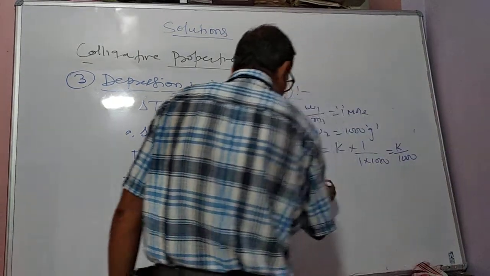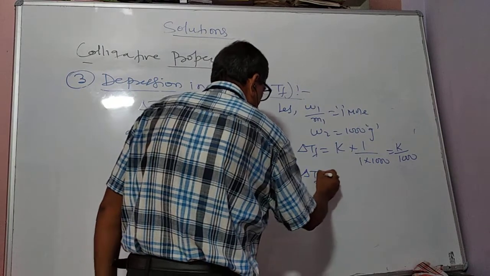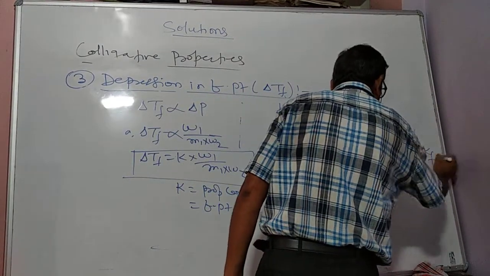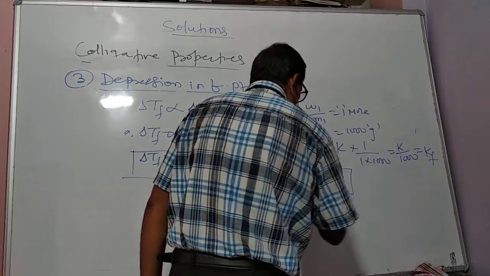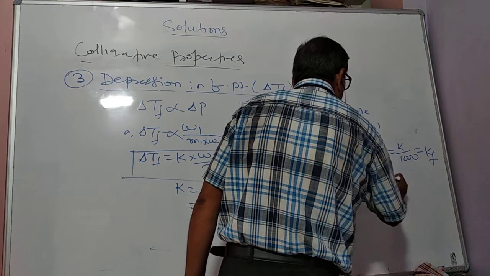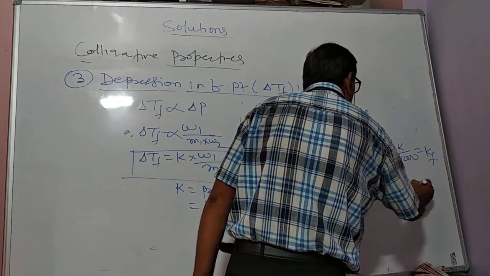Suppose this is Kf, another constant, so delta Tf equals Kf, with K by 1000 equal to Kf, and K equal to Kf into 1000.